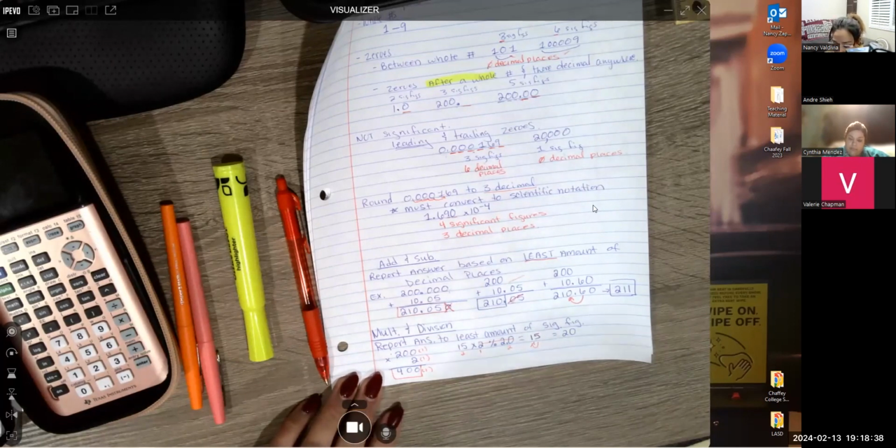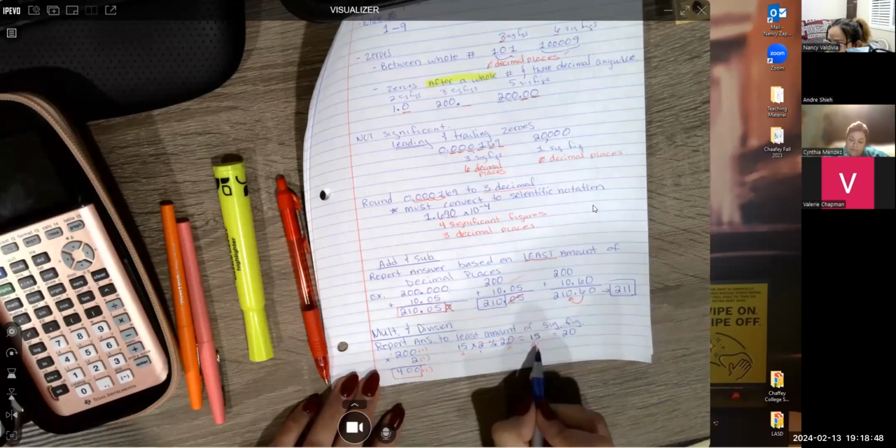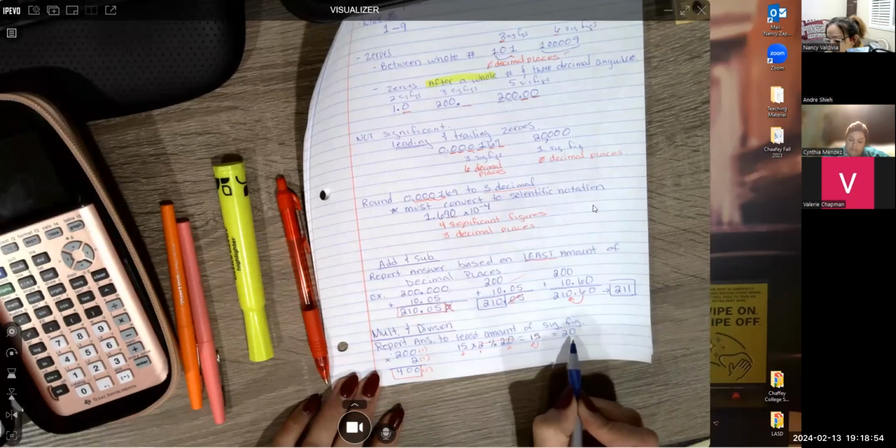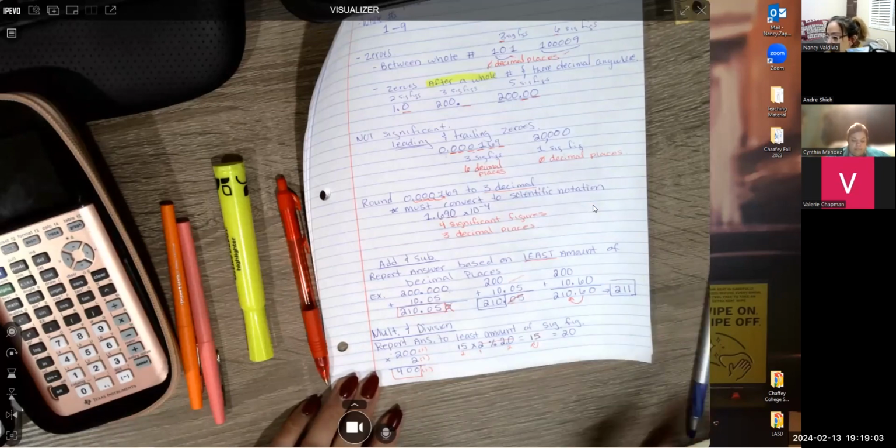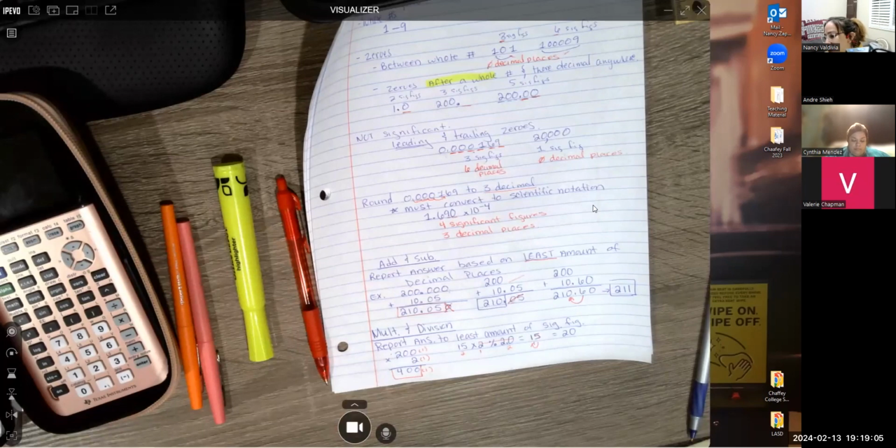So it's an estimated number because it's only 1 significant figure. Well, this one right here is more accurate. I'm saying I have $15 versus I have about $20. To make the 20 more accurate, if you knew you had exactly 20, you would add a decimal behind it to signify you have exactly 20.